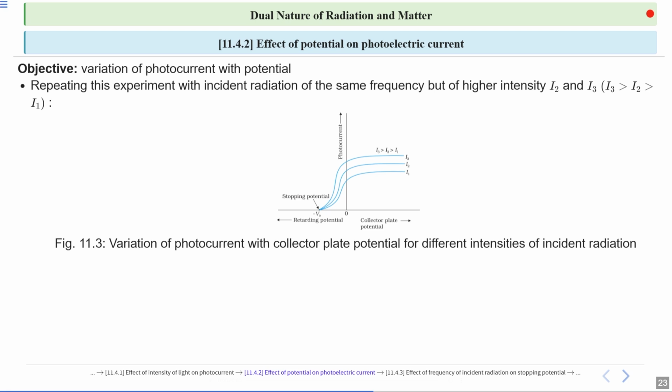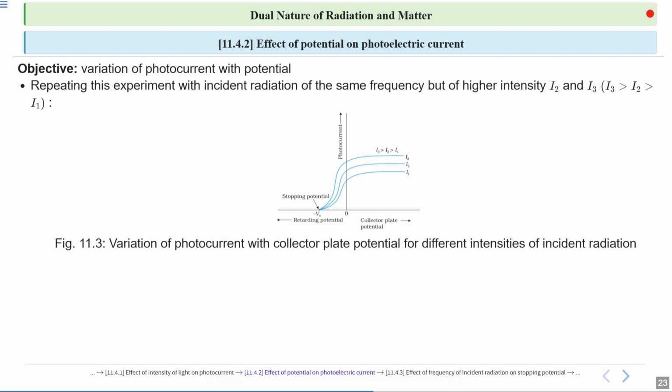What happens when we repeat the experiment using light of the same frequency but with higher intensity, labeled I2 and I3, where I3 is greater than I2 and I2 is greater than I1? So look at the figure. It shows how the photocurrent increases as we use more intense light.